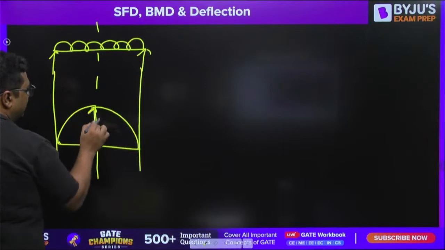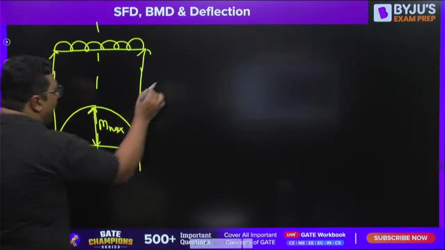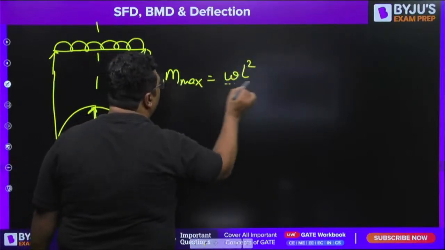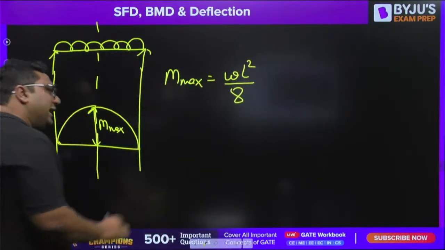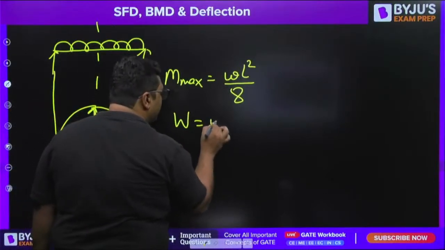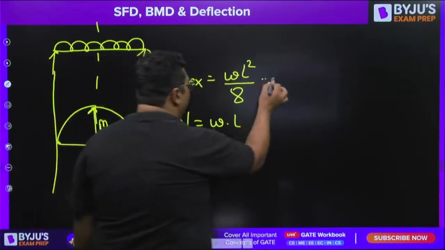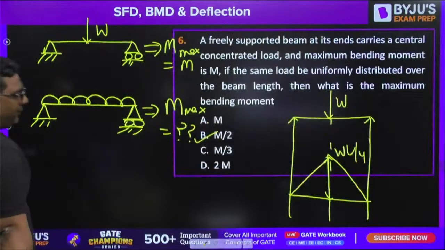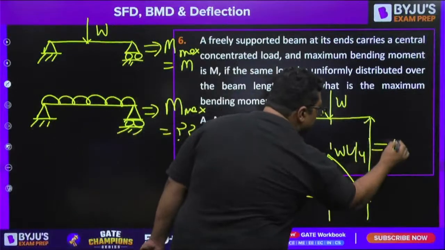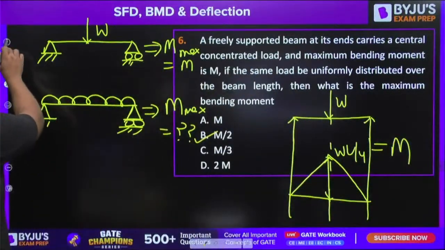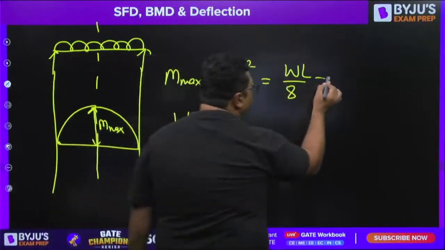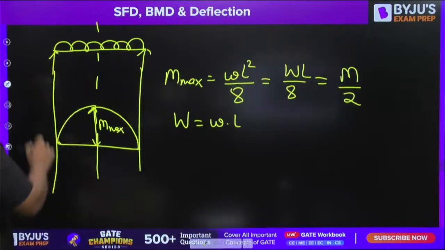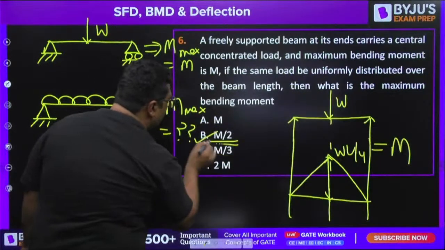So this will be the maximum bending moment, and it equals wL square upon 8. And you know that capital W is w into L. So we will be getting WL by 8. The previous one was WL by 4. If this is M, then what would be WL by 8? It is M by 2.